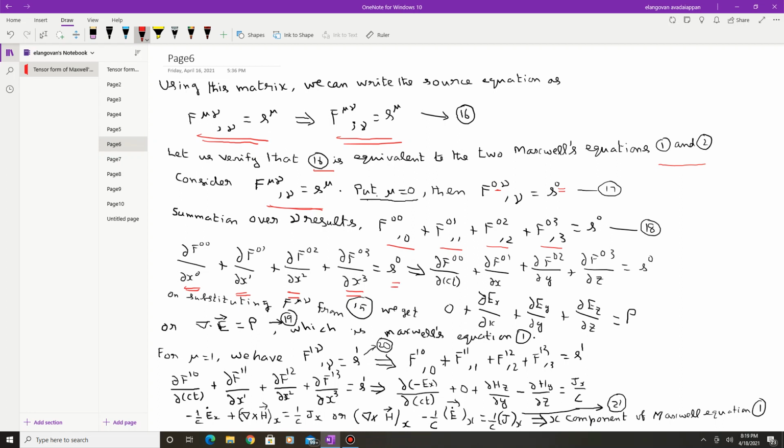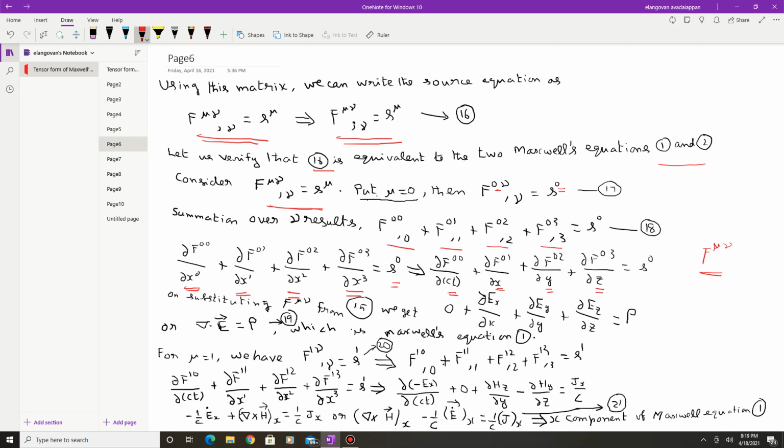Now what is x0? x0 is ct, and x1 is equal to x, x2 is equal to the y coordinate, and x3 is the z coordinate. Now what is F 00? F 00 is 0, because we have already given the electromagnetic field tensor, so you know F mu nu.